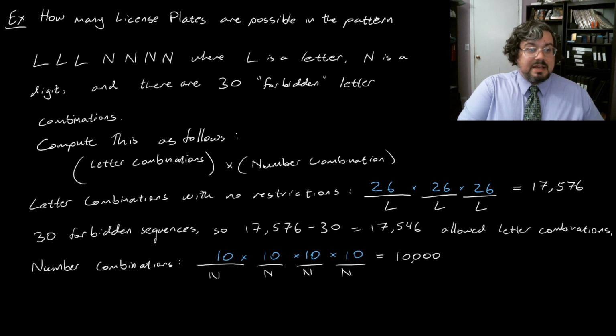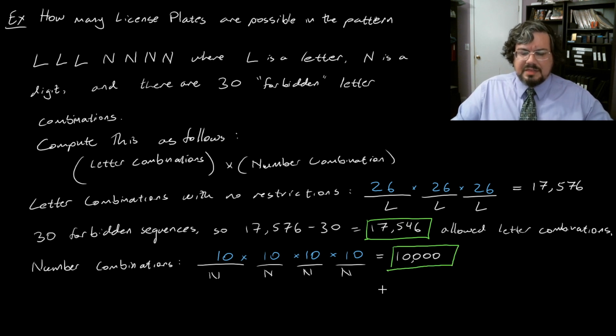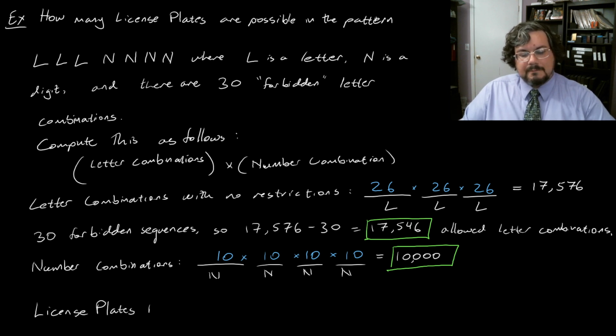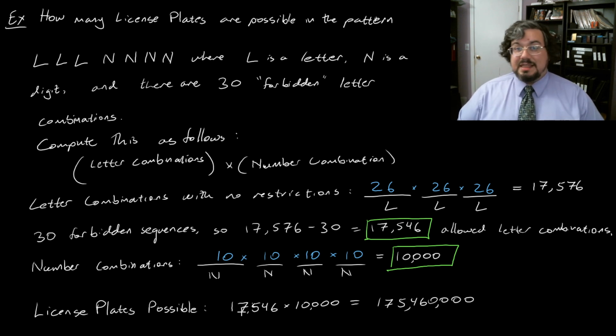So there are 17,546 allowed letter combinations, taking into account the forbidden ones, and there are 10,000 number combinations, which means that the total number of license plates possible is going to be the total number of allowed letter combinations times the number of number combinations, which will give us 1, 7, 5, 4, 6, and then 4 zeros afterwards, giving us 175,460,000.